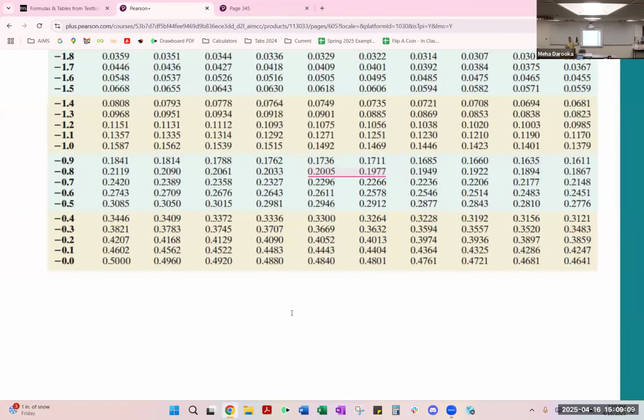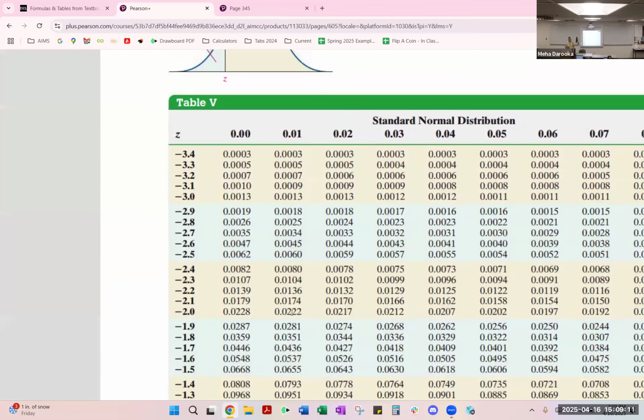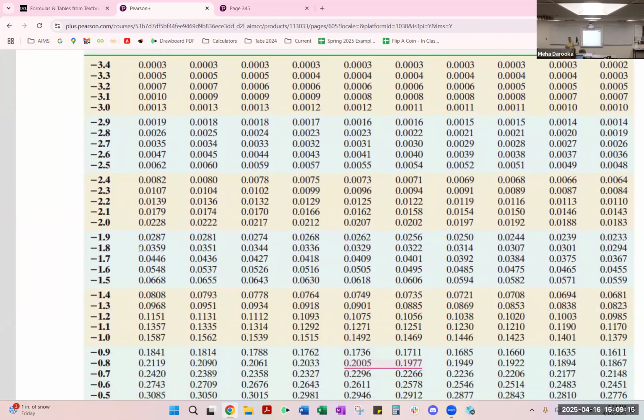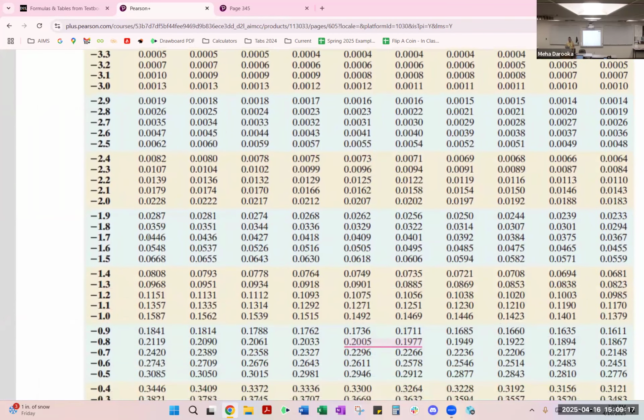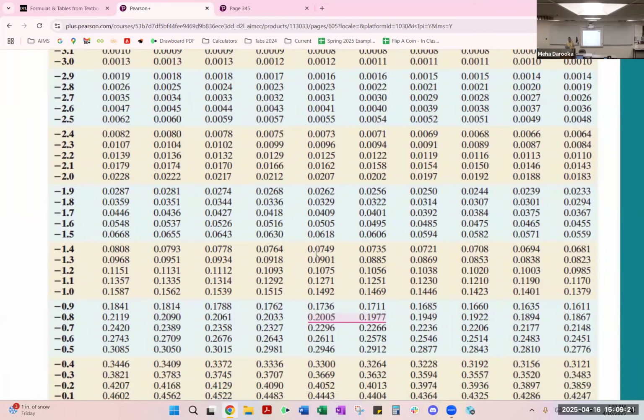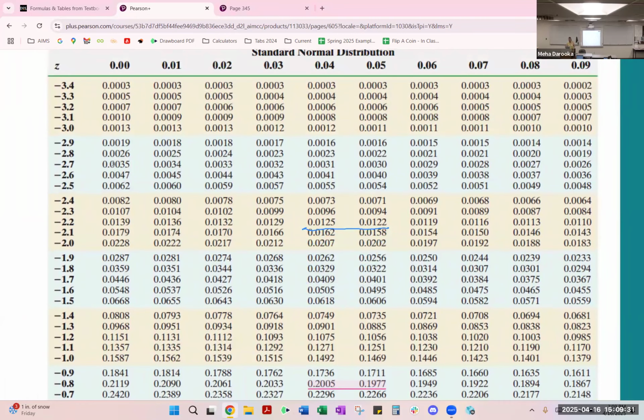So 5%, right? 0.05. We should only have one 0 after the decimal, so it's got to be somewhere here. I'm not using the highlighter for that. You can see this is where we are straddling that 5%. Let me see.